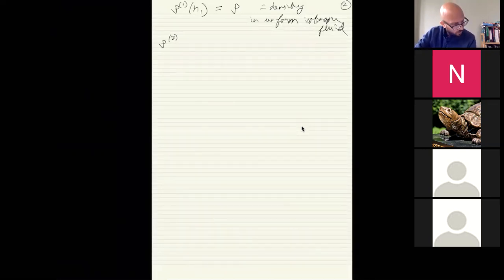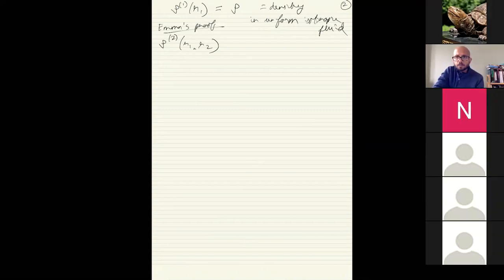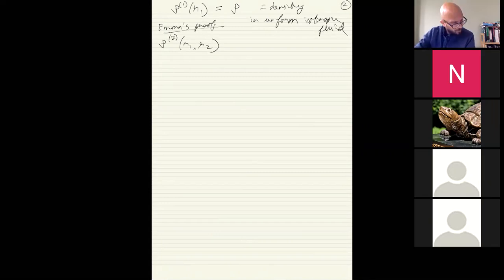So in order to do this, we think about rho 2 of R1, R2. Let's call it Emma's proof. In order to do this, we write down the definition. What is this? This is n minus 1, P2.